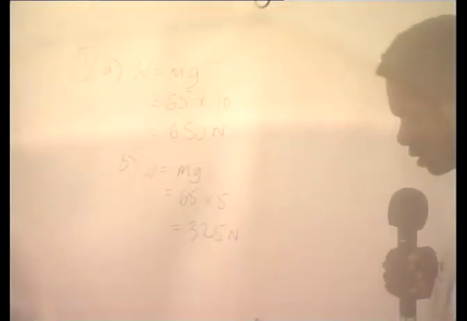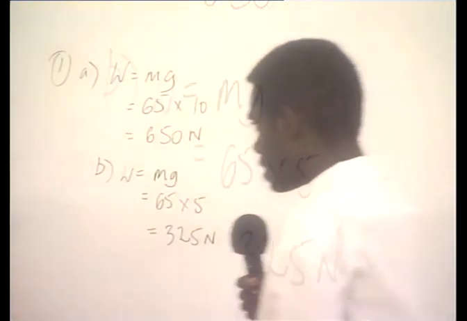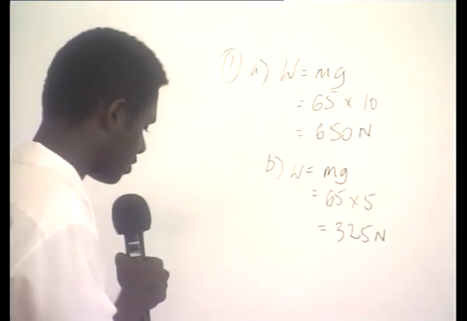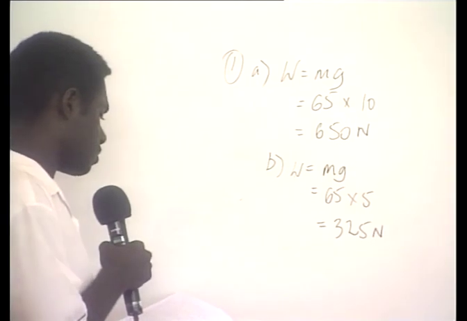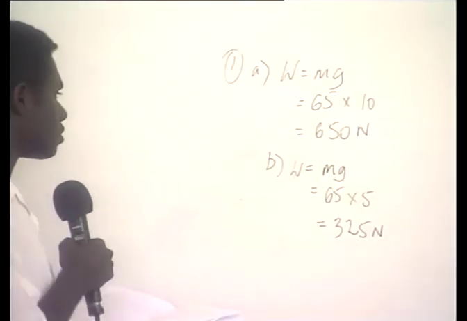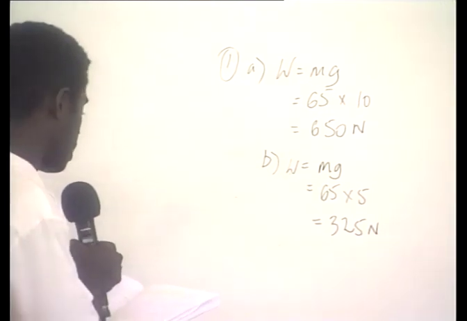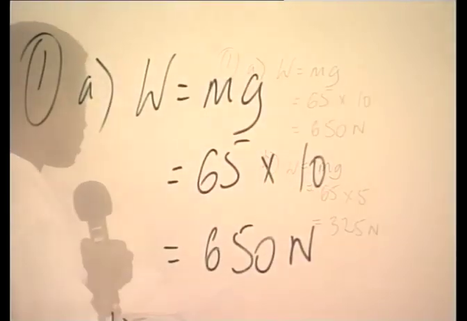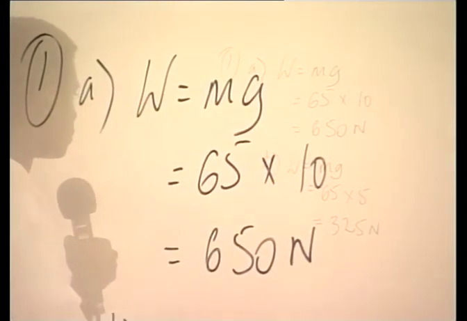Question one says: calculate the weight of a 65 kilogram person, A, on the Earth's surface where the acceleration due to gravity is 10, and B, on another planet where the acceleration due to gravity is 5.